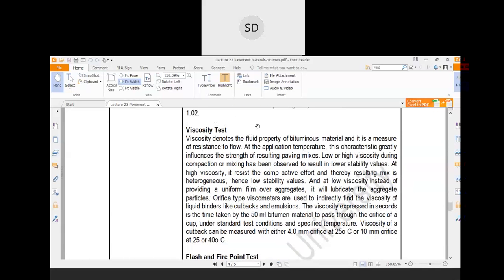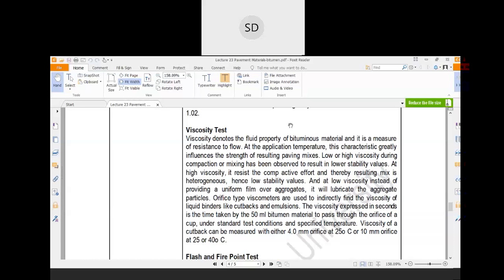Now another test is the viscosity test. Viscosity test is also important. We have discussed the penetration test and how grades are determined based on the penetration test. That was an old method, but now penetration grade bitumen is not used anymore.